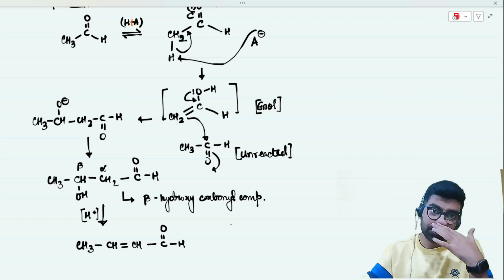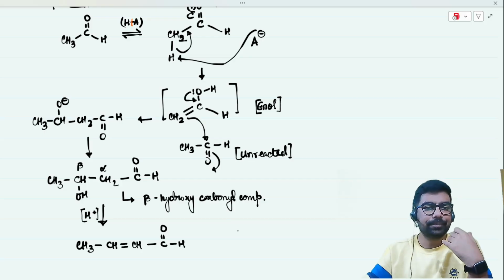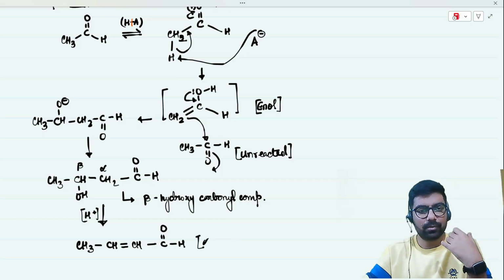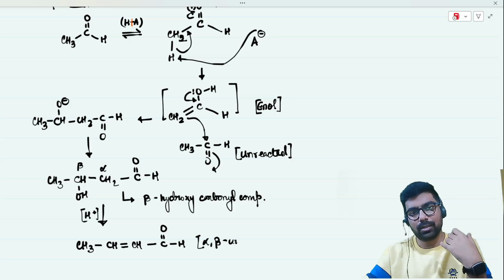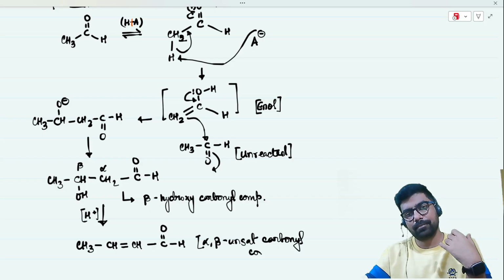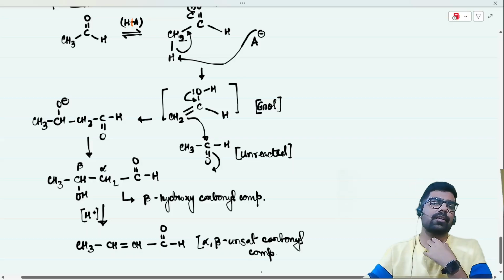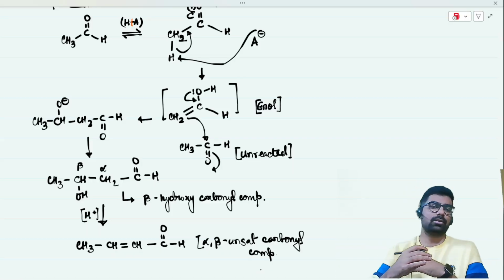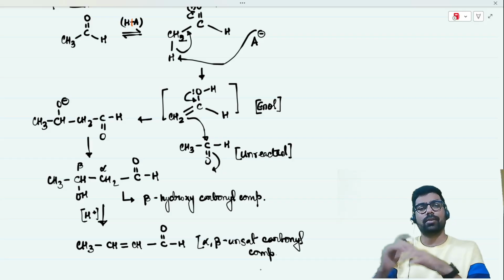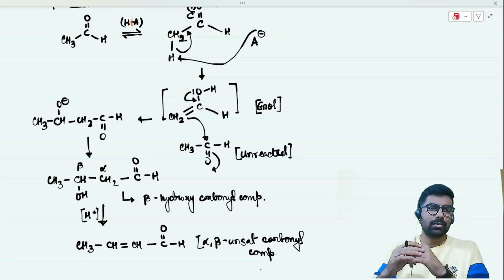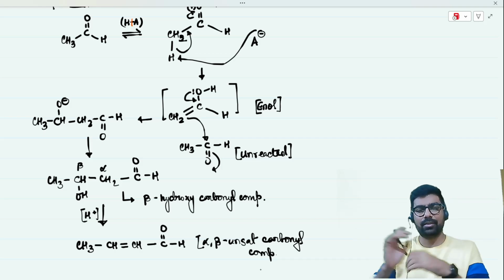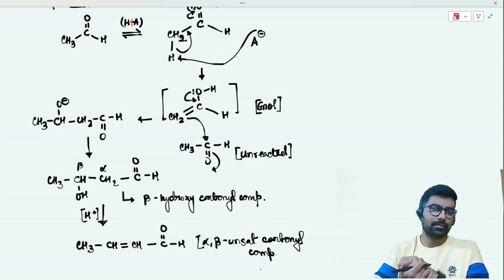Okay, so this is there. This is my alpha beta unsaturated carbonyl compound, right? So this is the mechanism. The one thing that you have to understand is the mechanism is a bit different, but the products are same.